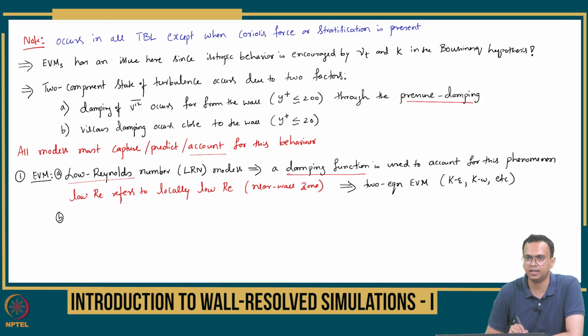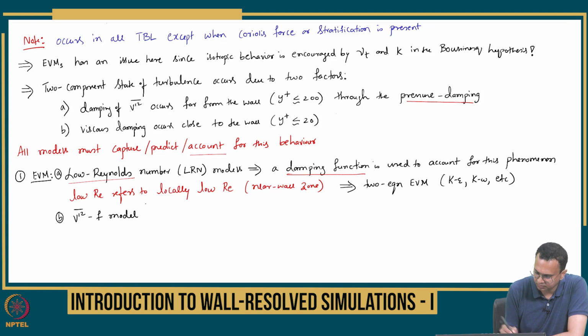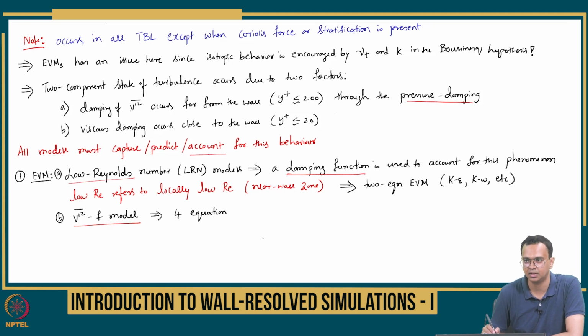The other option in an eddy viscosity model is actually to solve one more transport equation for the v prime square average. This is called a V2F model. This is actually a 4 equation turbulence model, that is 4 transport equations: K, epsilon, v prime square average and f, or K omega, v2 and f and so on.